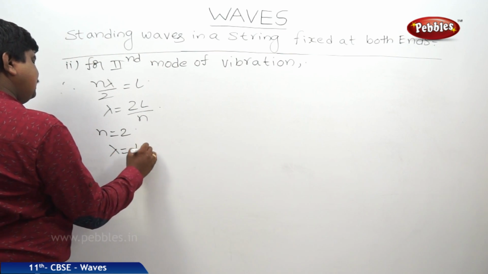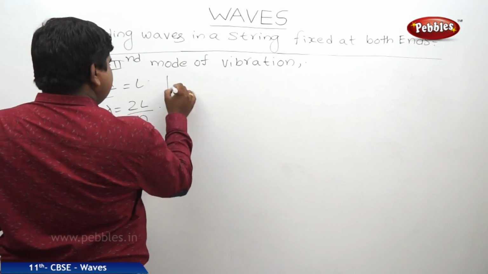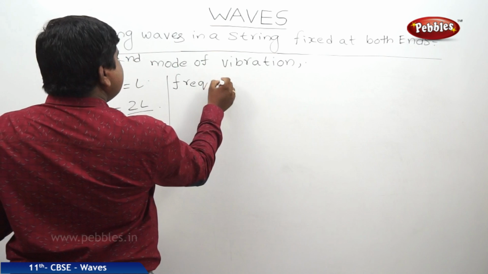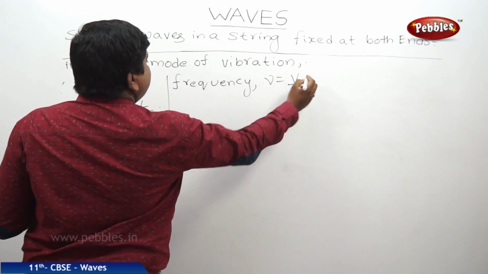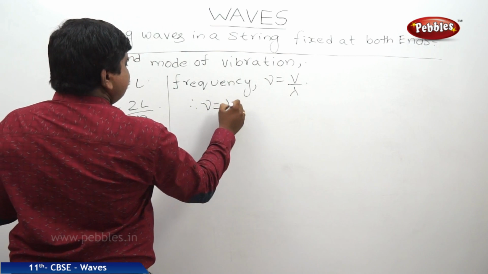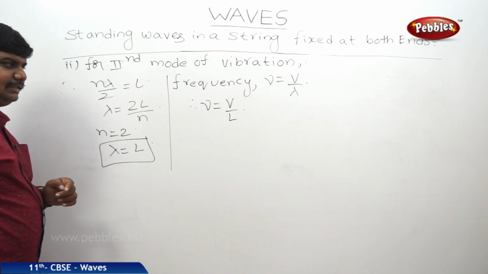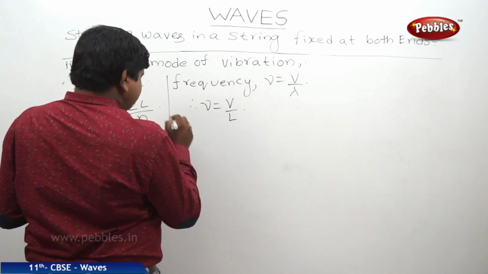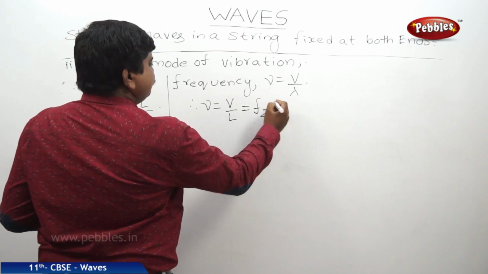Therefore lambda is equal to L. So frequency nu is equal to V by lambda. Therefore nu is equal to V by L. This is nu 2, also called F2.